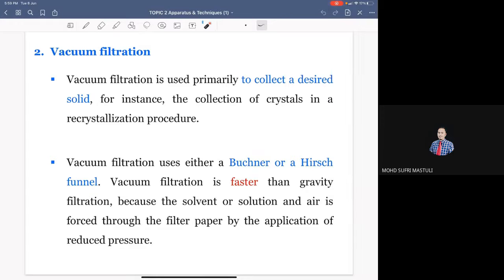Vacuum filtration is faster compared to gravity filtration because the solution is forced through the filter paper by using reduced pressure from the vacuum pump.